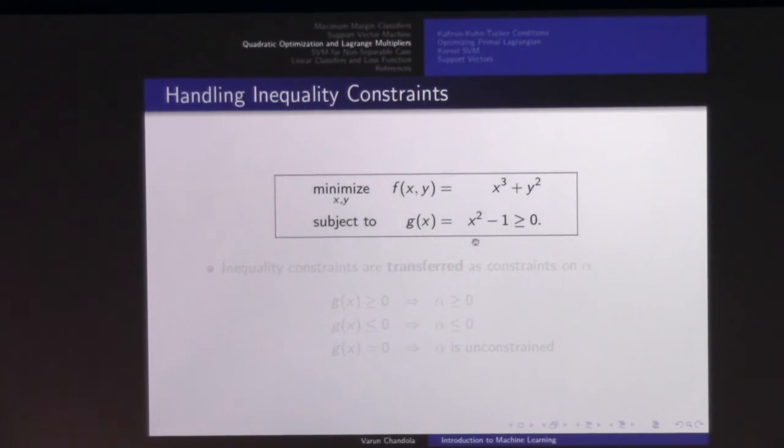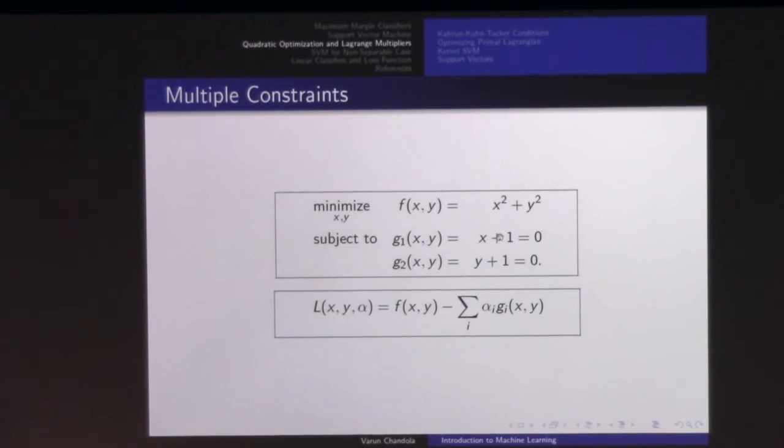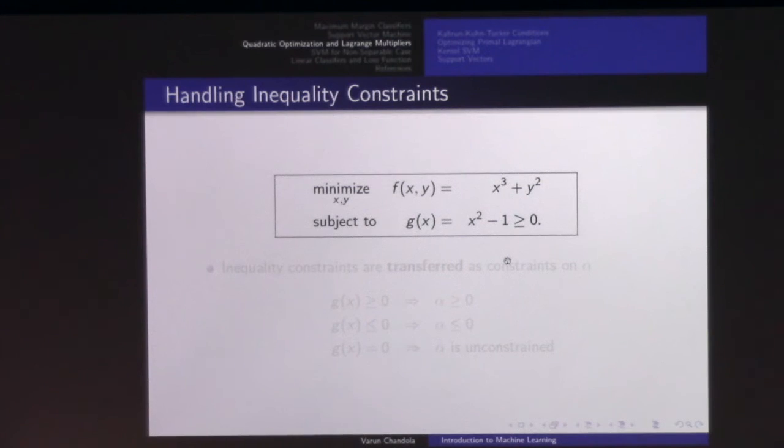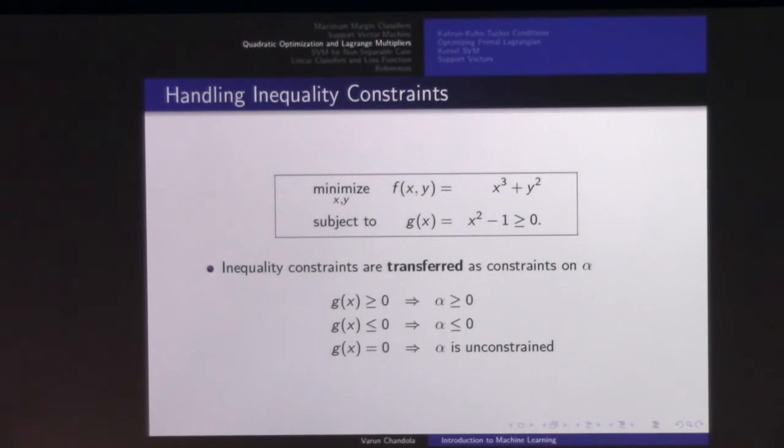It also lets you handle inequality constraints. In the previous two examples, these were what we call equality constraints. I mean, this actually was a very weird constraint. It's saying that x should be -1 and y should be -1. But this is just an illustrative example. You can also incorporate inequality constraints by putting constraints on alpha.